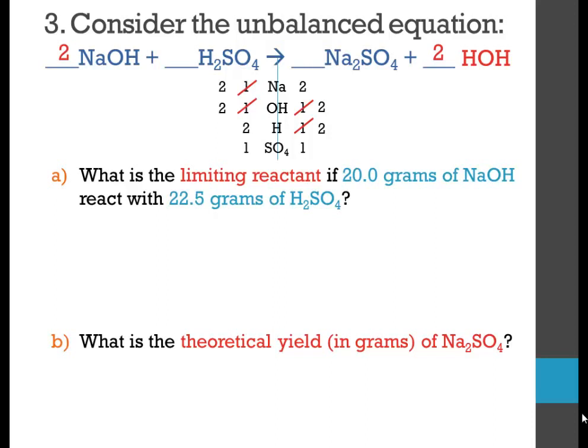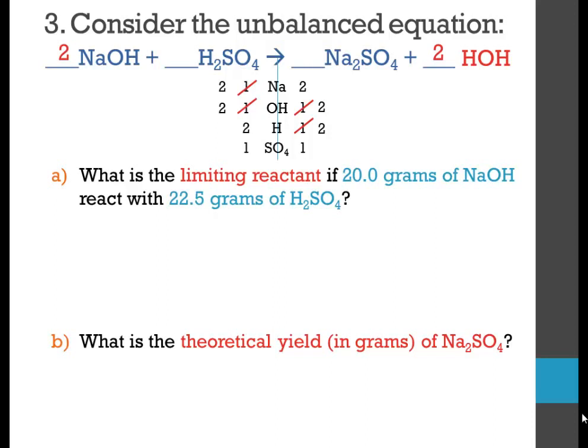The question asks, what is the limiting reactant if 20 grams of NaOH react with 22.5 grams of H2SO4? So once again, I have 2 givens, which are in blue, so that means that I'm going to have to do 2 calculations. And I just want to know what the limiting reactant is.